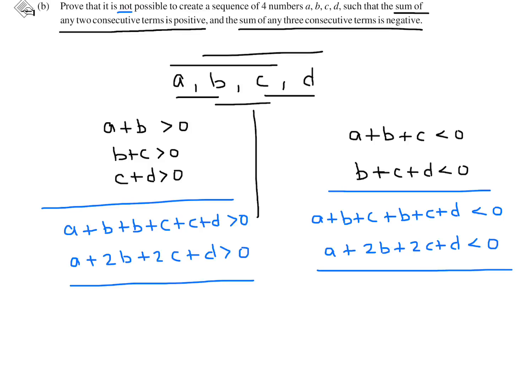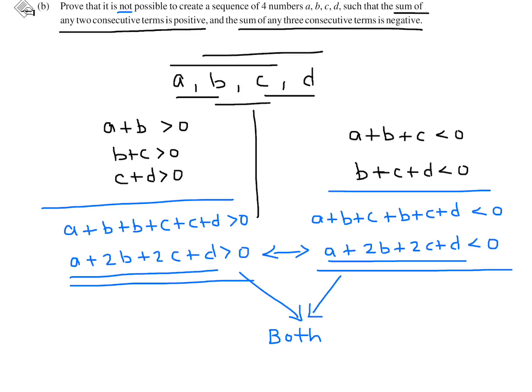Now take a look at these 2 expressions. This part and that part are identical. In the first one, we're saying that a plus 2b plus 2c plus d is greater than 0. And in the second one, we're saying a plus 2b plus 2c plus d is less than 0. Well, both of these can't be true, right?